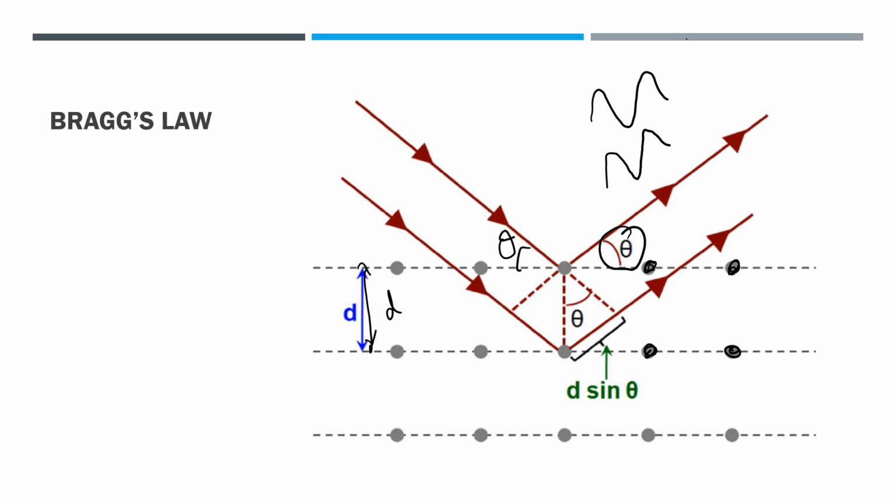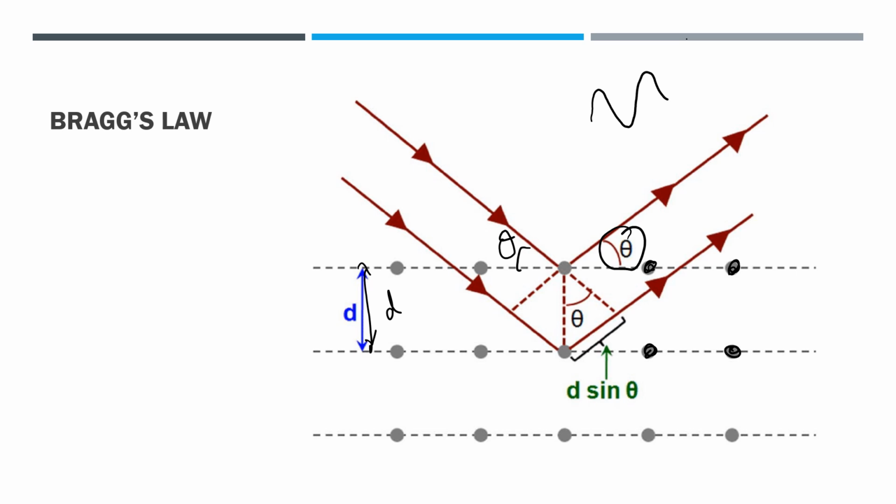They meet such that they constructively add. Their peaks are at the same position and their low points are at the same position, so they amplify each other, rather than destructive interference, where they would cancel each other out.